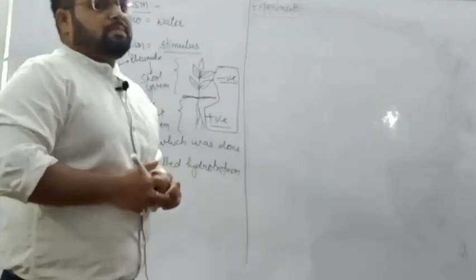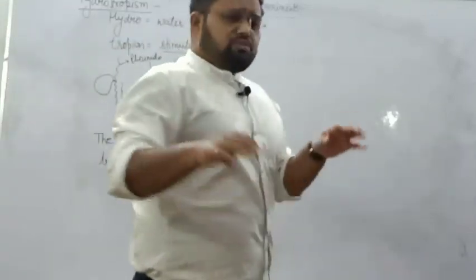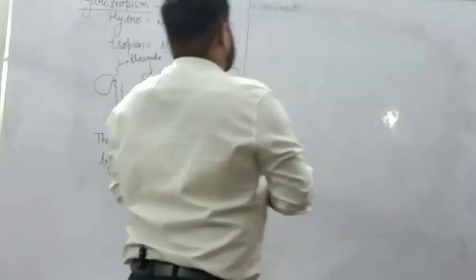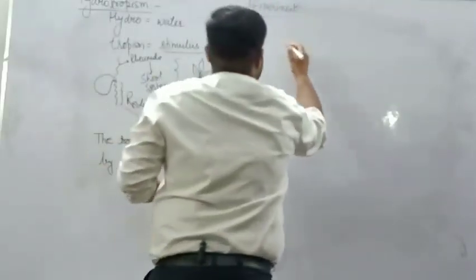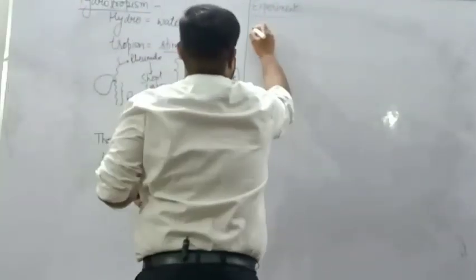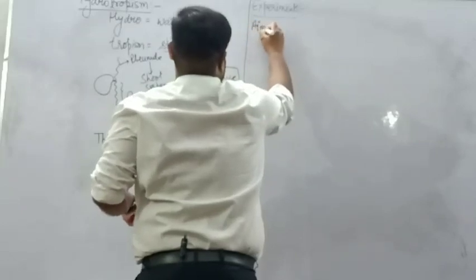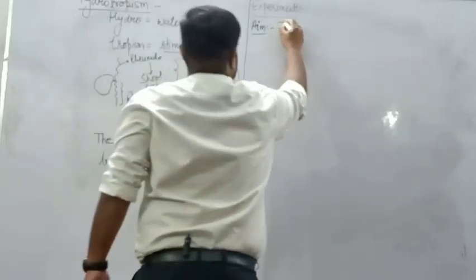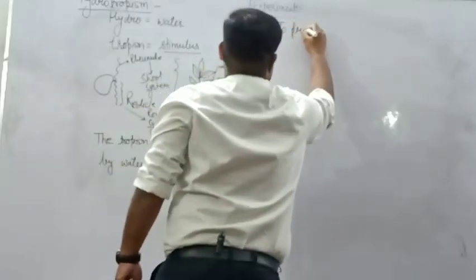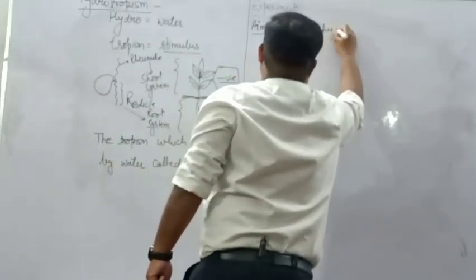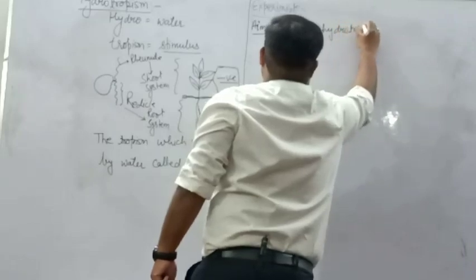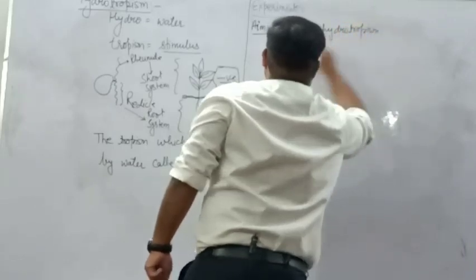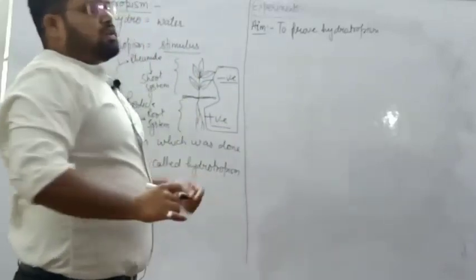Now come to the experiment. First you just think about the experiment, after that you tell. Suppose the aim or objective of the experiment is to prove hydrotropism in the plant.